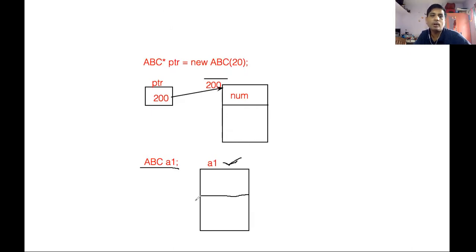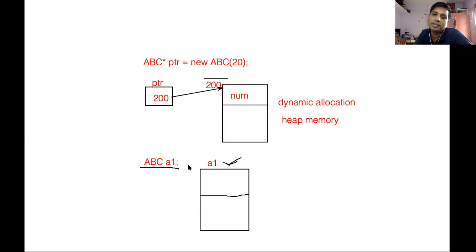Getting the point now? What is the difference between ABC star PTR is equal to new ABC and ABC A1? One more difference is that if you are using this method, you are using dynamic allocation. It means that the memory for this object is heap memory.